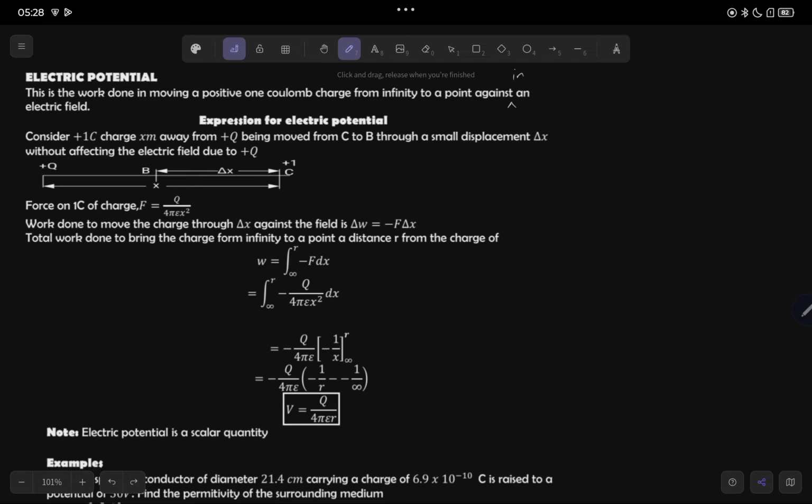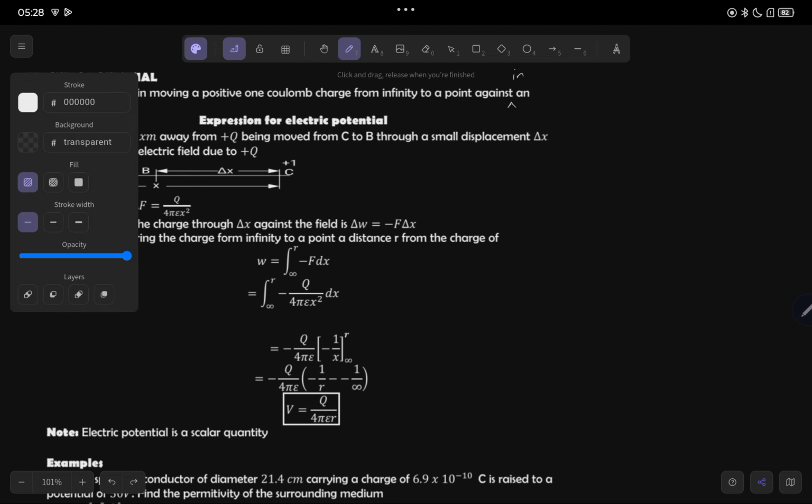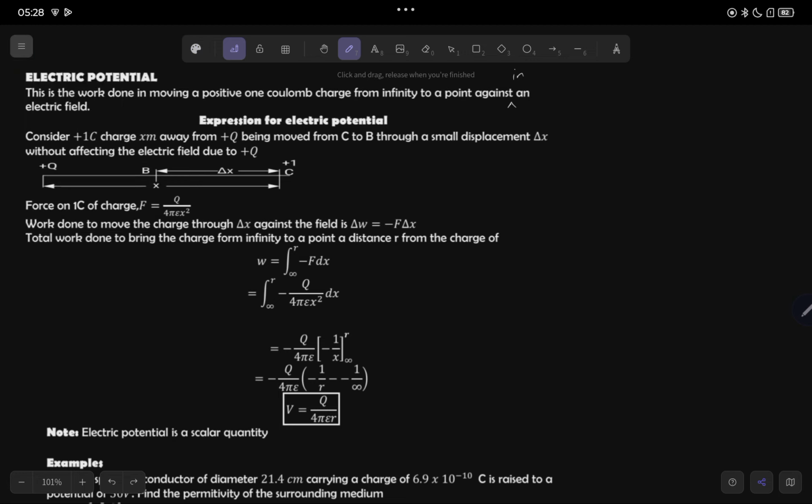For the expression of electric potential, we are going to consider a positive 1 coulomb charge which is a distance x from a positive charge Q, and it is being moved from point C to point B through a small distance delta x.